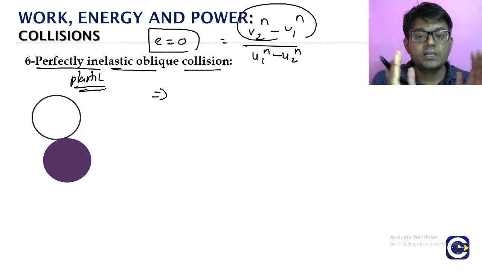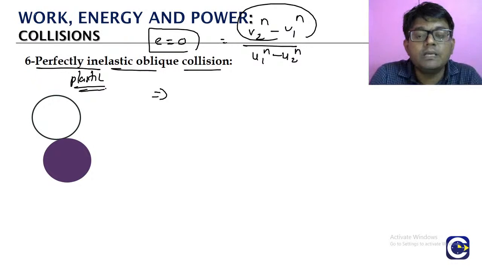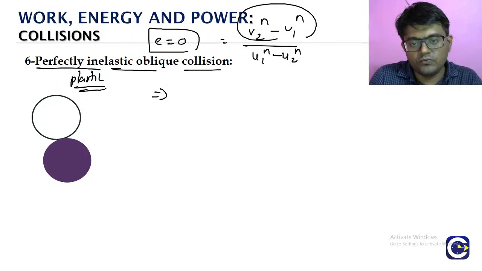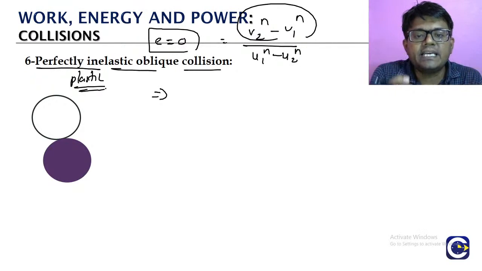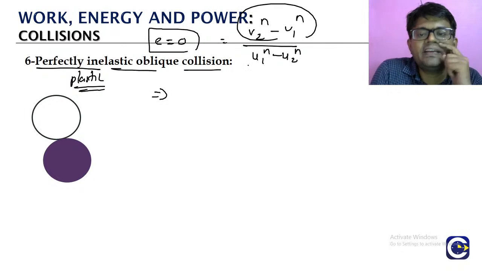We will have a notion. Perfectly inelastic means the object will stick and move like that. In case of oblique collision, they need not stick and move, because the basic idea of perfectly inelastic collision is that the kinetic energy loss has to be maximum, and that will happen when E is equal to 0.